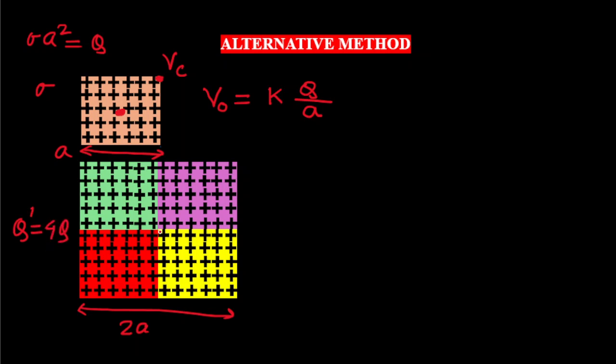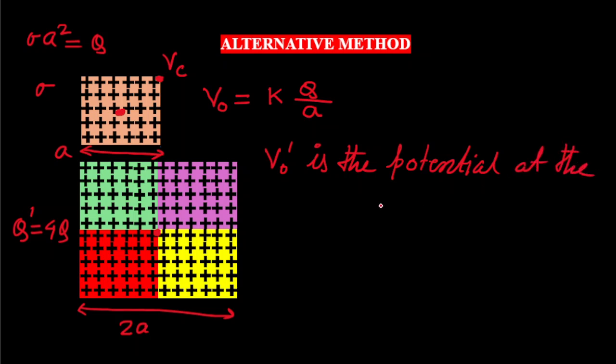In this case, if I want to write the potential at the center, let's say V0 prime is the potential at the center of the big plate.